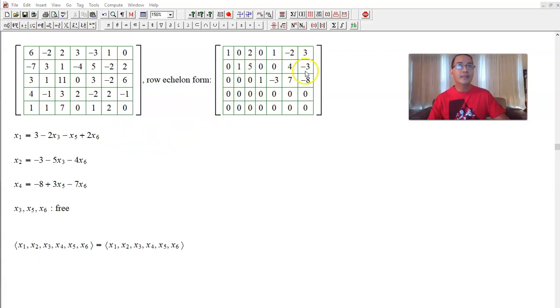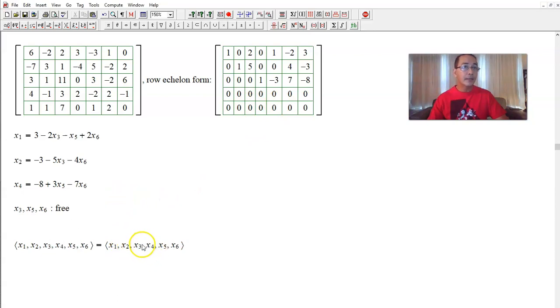x2 is negative 3 minus 5x3, plus 4x5, minus 4x6. So that's what we have here. x4 is negative 8 plus 3x5 minus 7x6. So those are our 3 equations for x1 and x2 and x4. x3, x5, and x6 are free.